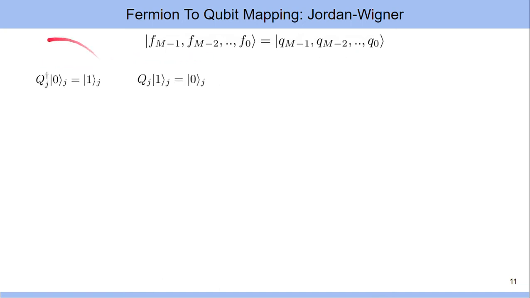For that, we require a mapping scheme known as the Jordan-Wigner mapping scheme, in which we define a qubit creation operator Qj dagger, which converts the state |0> to |1>, and a qubit annihilation operator Qj, which converts the state |1> to |0>, where the j denotes the position of an electron in the given qubit state, and |0> and |1> denote the absence and presence of electrons respectively.